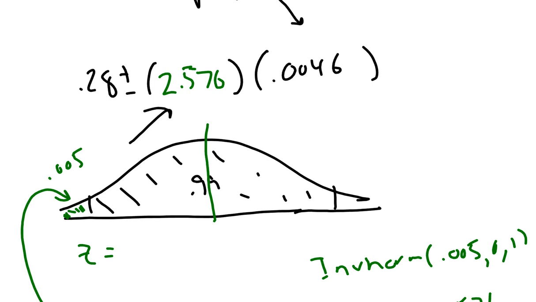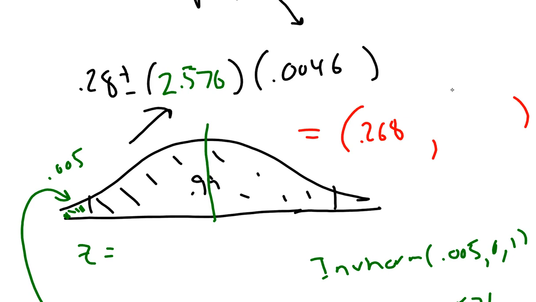Okay, so if we compute these two values, here's what we get. We do 0.28 minus 2.576 times 0.0046. And if we do the minus, we end up getting 0.268.